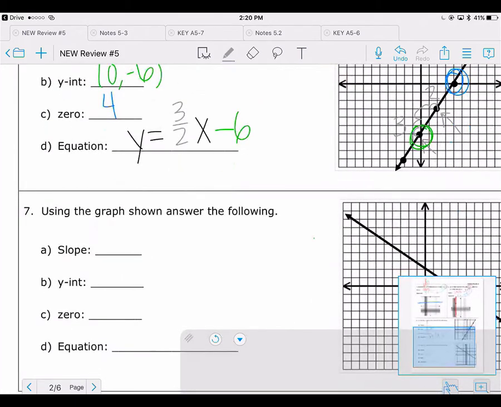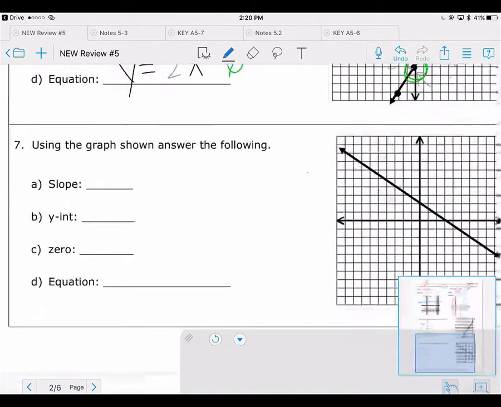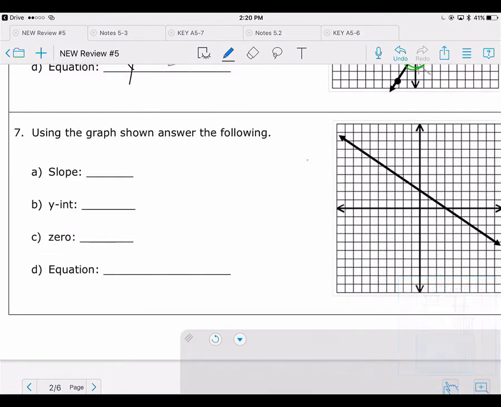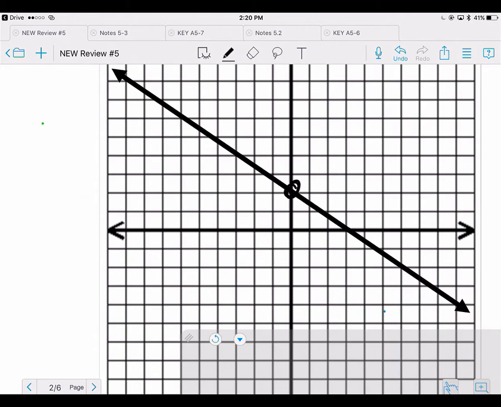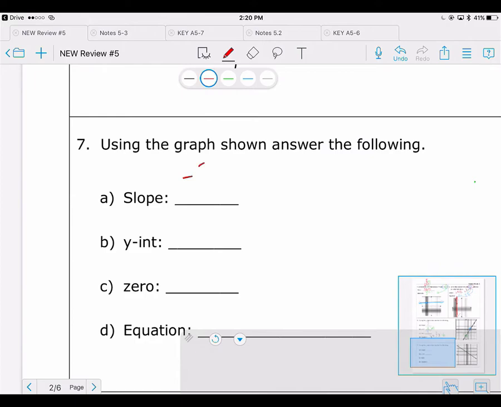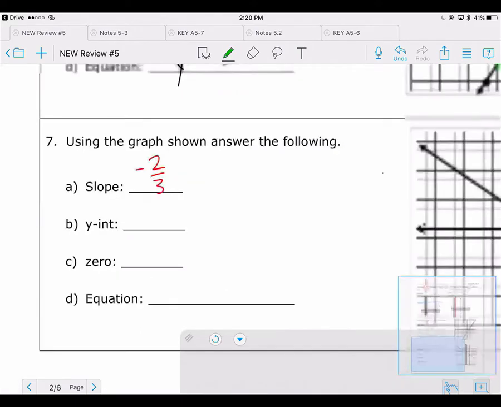This one is asking us to do the same thing, but this time we don't have nice points. If you don't have nice points, my advice is to see where it crosses the x and the y, because most of the time they're going to make it cross at a nice place for you. From point to point, to find my slope, I go down 2 to the right 3. So that would be a slope of -2/3.